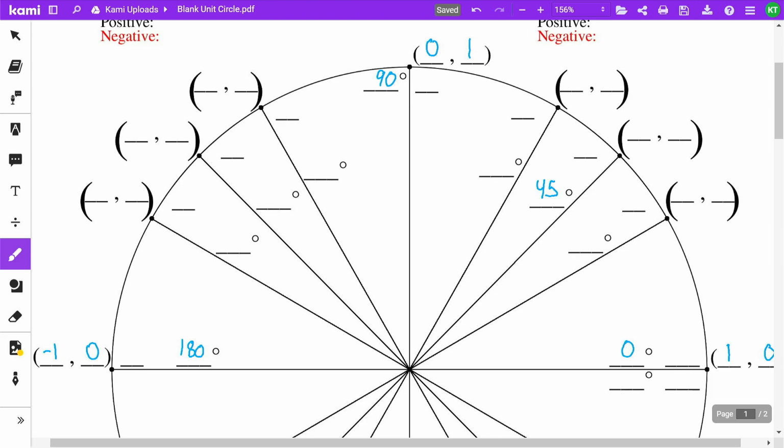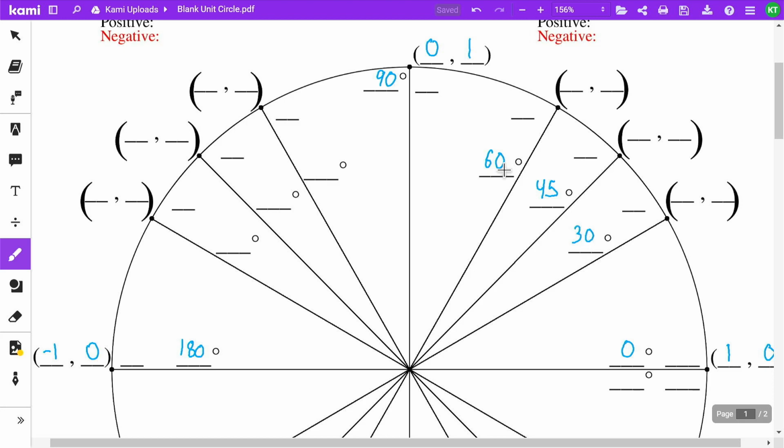Now, if I look at this, 90 degrees is also split into thirds here. 1/3 here, 1/3 here, and 1/3 here. 1/3 of 90 degrees is going to be 30 degrees, which means 2/3 of it right here is going to be 60 degrees.